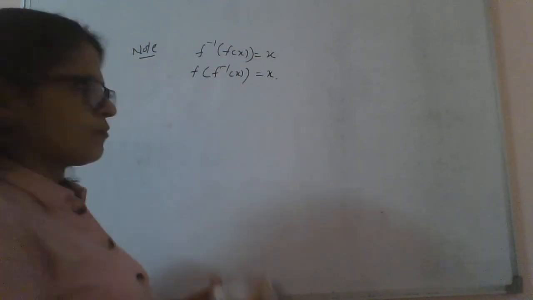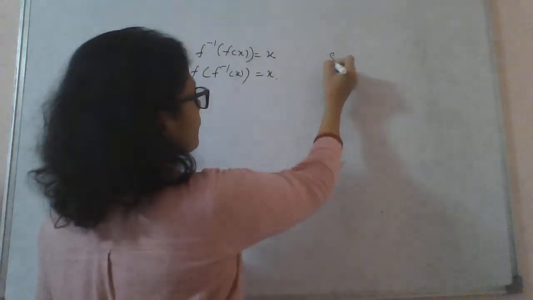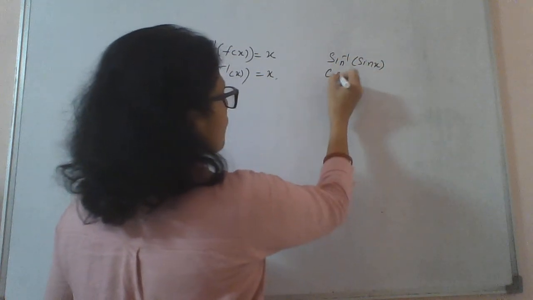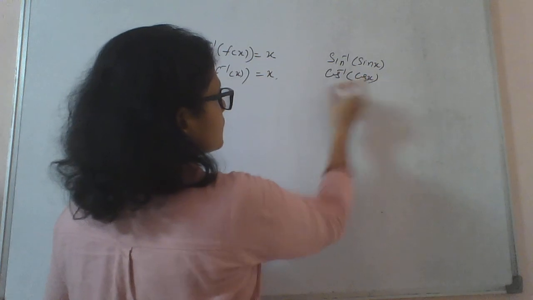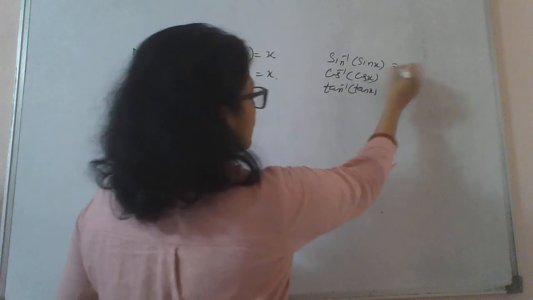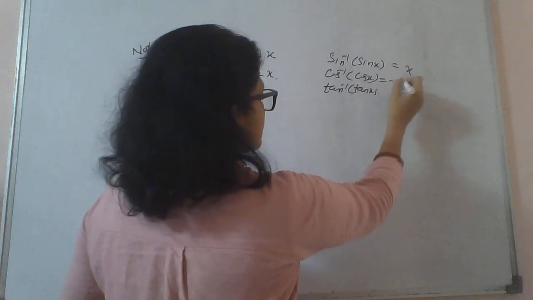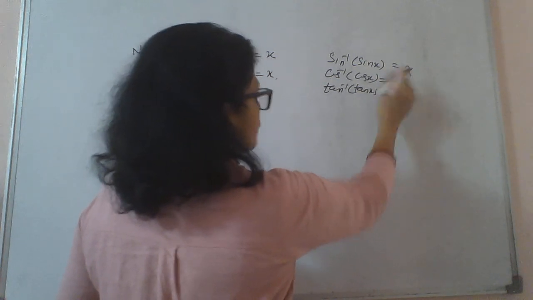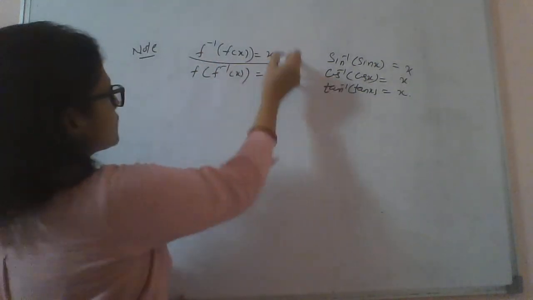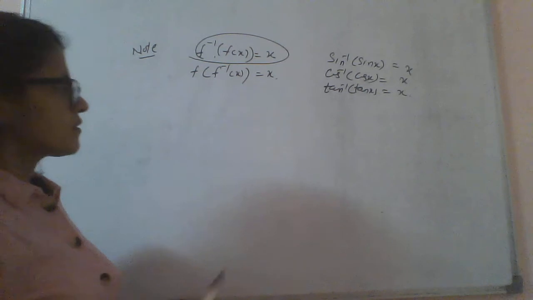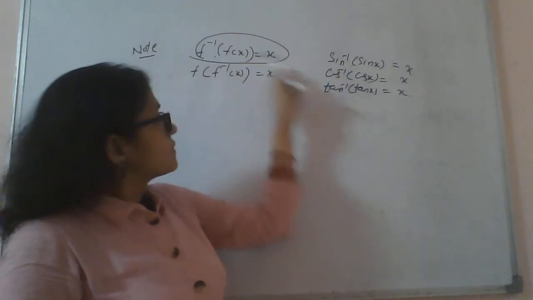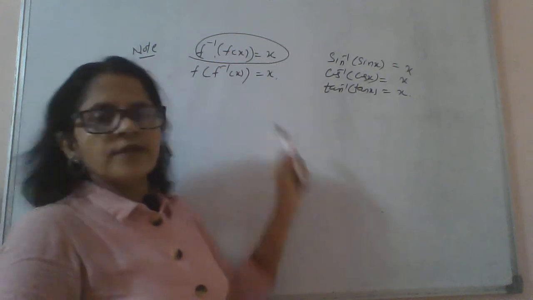Whenever you write sine inverse of sine x, cos inverse of cos x, tan inverse of tan x, this is x, because f inverse f(x) equals x. Here f is replaced by any trig function: sine, cos, tan, anything.